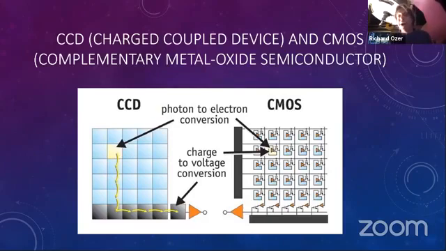CCDs were built for the biomedical market. CMOS sensors were built for cell phones, and clever people have adopted those technologies to incorporate them into astrophotography cameras. So whatever the industry is doing, we have to kind of live with, and then we'll purchase the products that do the best job given the technology that's available.